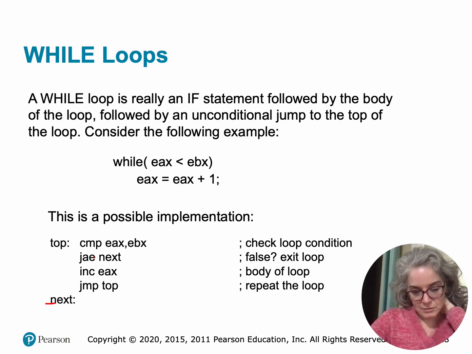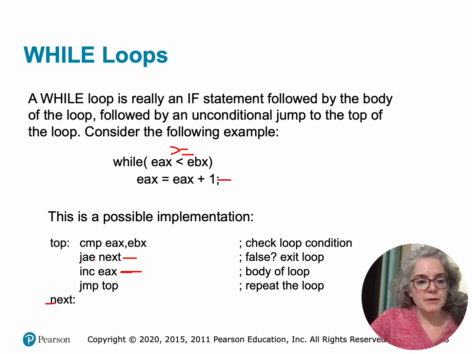Does that make sense? So it's the opposite. If EAX is greater than, above, or equal to EBX, then we quit. Otherwise, we increase EAX. So this line here is the same as this line right here. And then we jump to the top. Boom.